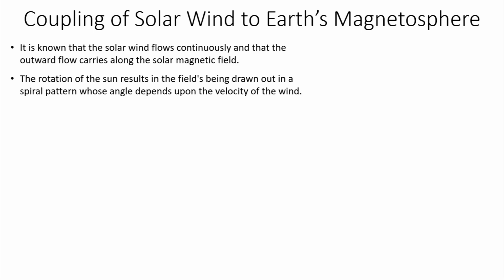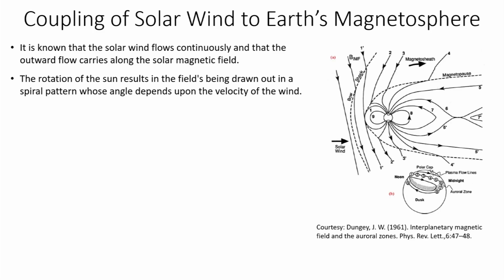The solar wind flows continuously, and the outward flow carries along the solar magnetic field, and the rotation of the sun results in the fields being drawn out in a spiral pattern, which we have already seen, whose angle depends on the velocity of the wind. Here we can see the IMF.